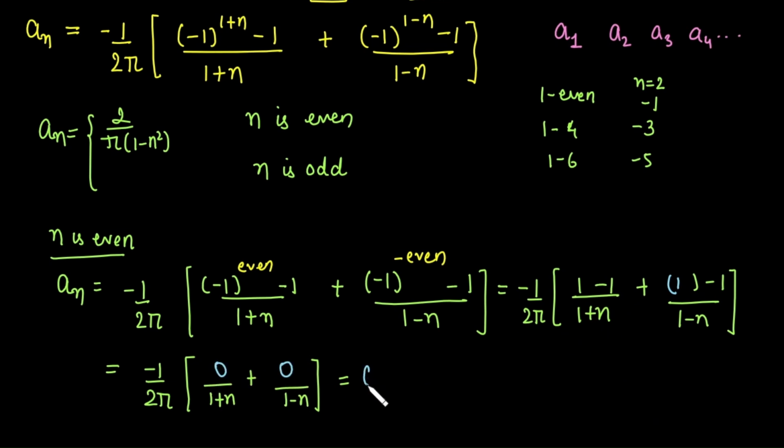Overall answer we are getting in this case is 0. So whenever n is even, an is equal to this, and when n is odd, provided n is not equal to 1, we get answer 0. We have separately calculated that a1 is equal to 0. So it means for n odd, with 1, 3, 5 and so on, an is 0.